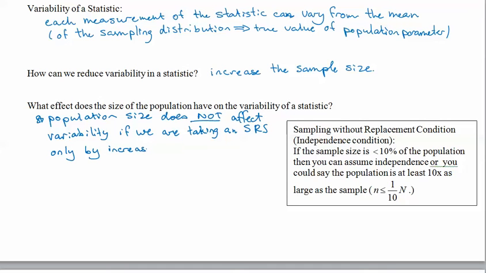By increasing the sample size can we reduce variability of the statistic.